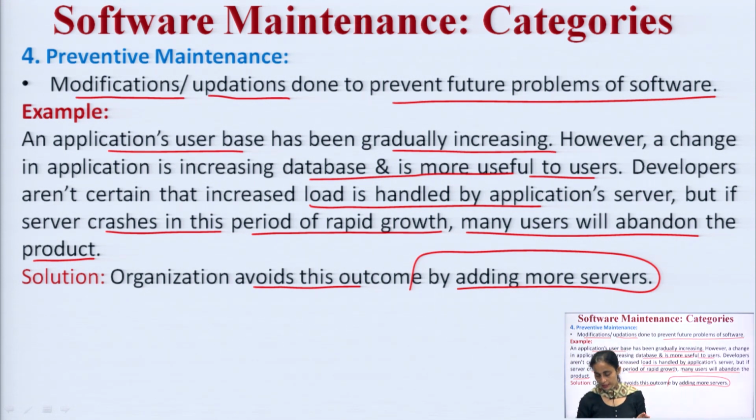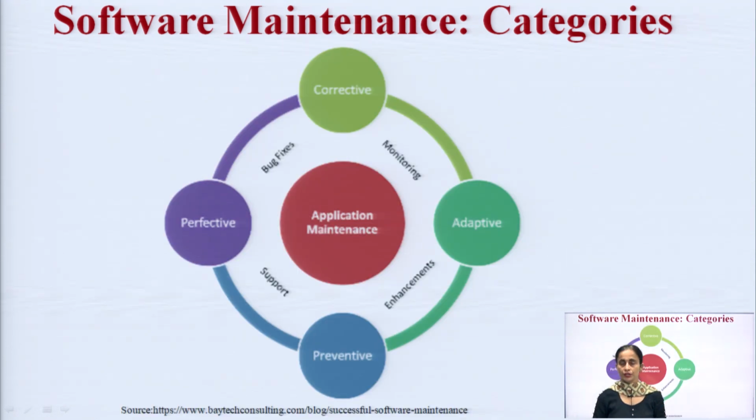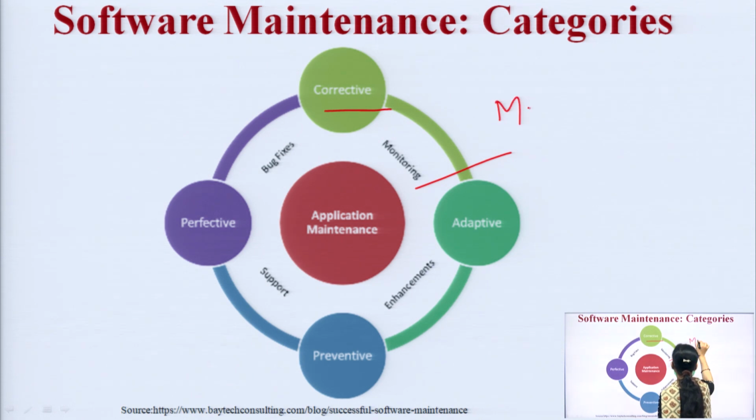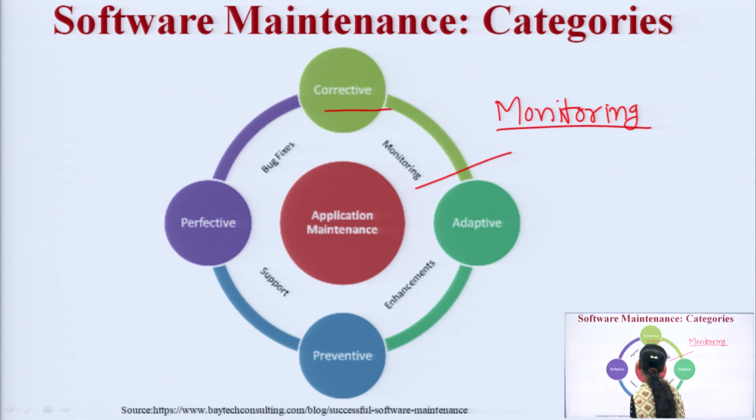So, this covers all the 4 types of maintenance. We started with corrective. Corrective maintenance means we are monitoring all the existing things. After doing this corrective maintenance, we move on to the adaptive phase.